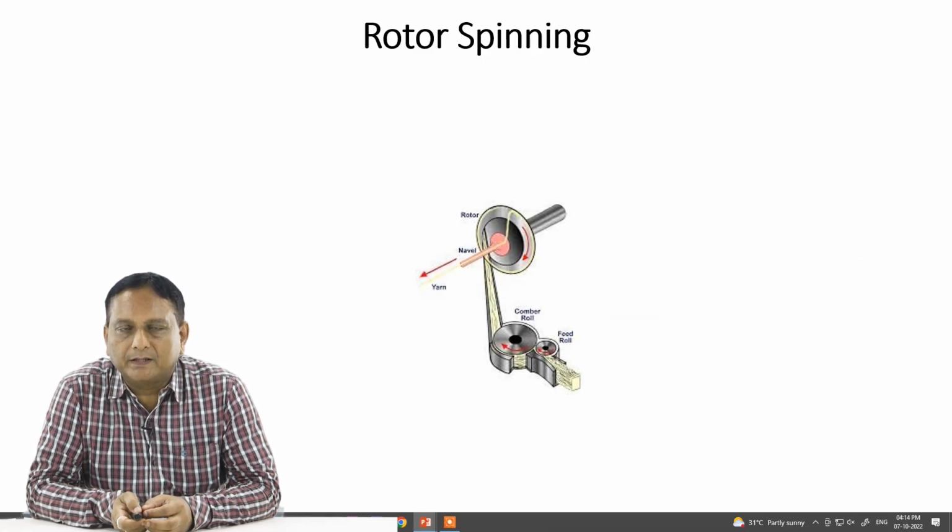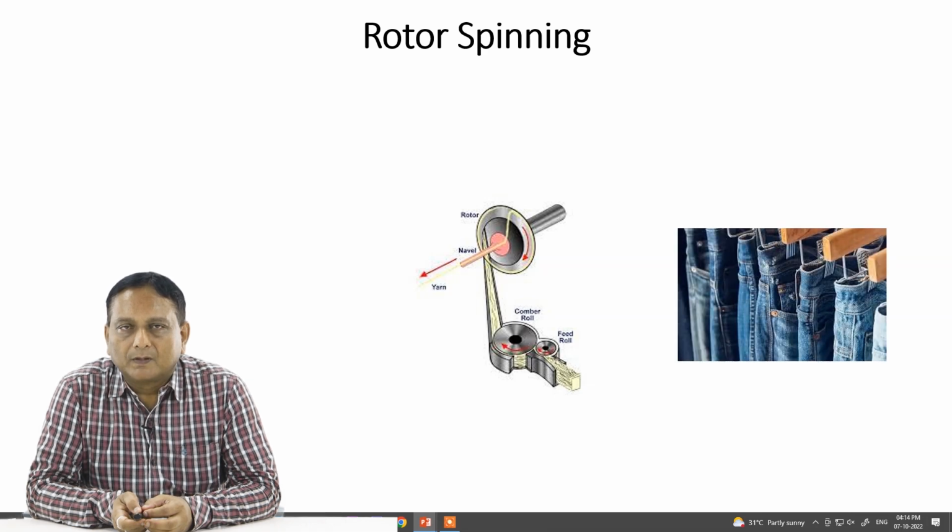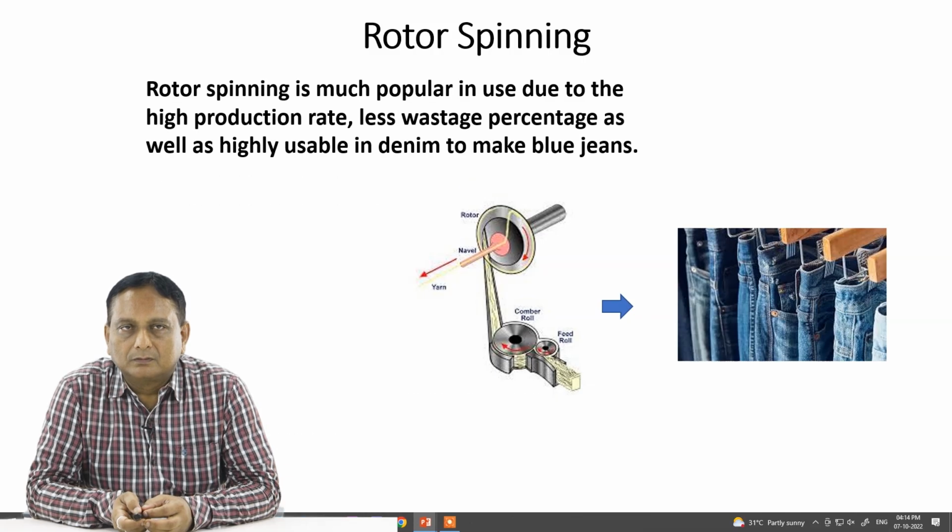Now you can see the schematic view again of the rotor spinning system and how the yarn is produced. Rotor spinning is very popular due to the high production rate and less wastage percentage, which is very important, because in ring spinning a lot of waste is generated, which is not the case in rotor spinning.